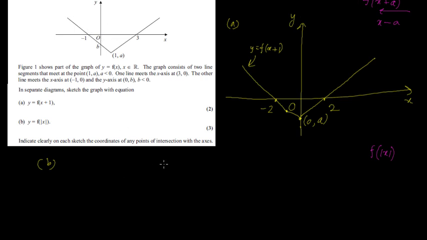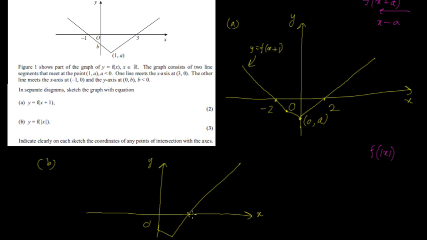So the first idea is to draw the sketch without the part that is on the negative x-axis. So the picture looks like this. So we have removed this one.